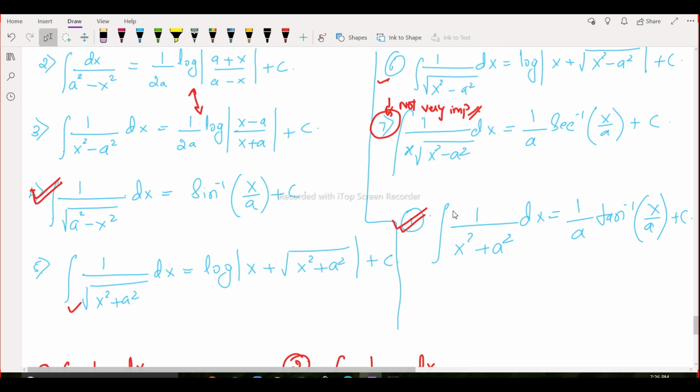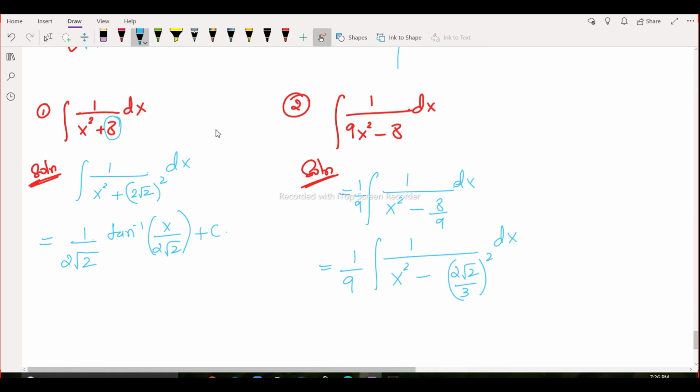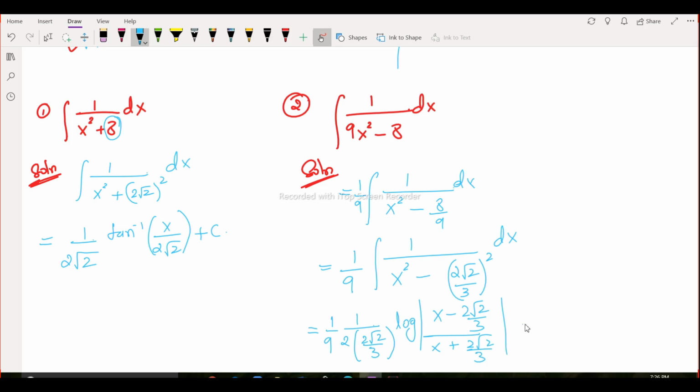1 upon x square minus a square. So what is the formula? 1 by 2a log of x minus a upon x plus a. So this would be 1 by 9 outside, 1 upon 2a, so 2 into a, which is 2 root 2 by 3, into log x minus 2 root 2 by 3 upon x plus 2 root 2 by 3 plus c.